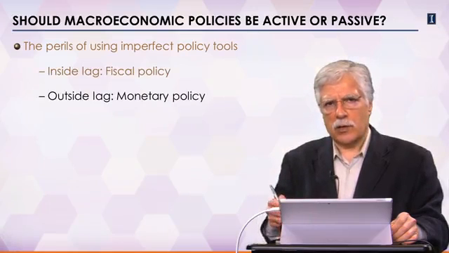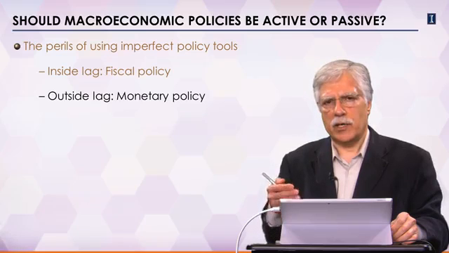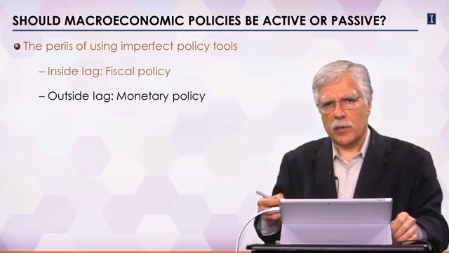Monetary policy may look like a better candidate for dealing with recessions and short-term fluctuations, because changes in money supply can happen very quickly, and the impact on interest rates could be very quick. So the inside lag problem is not much of an issue as far as monetary policy is concerned. But there's another problem here.